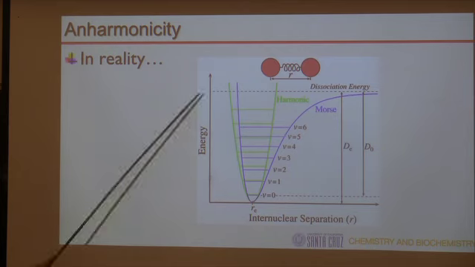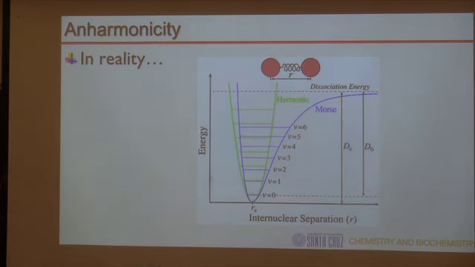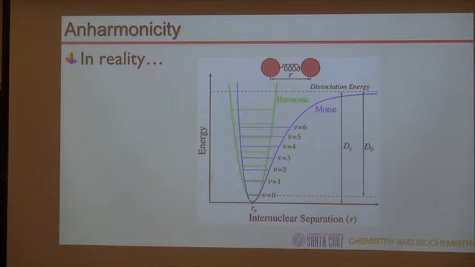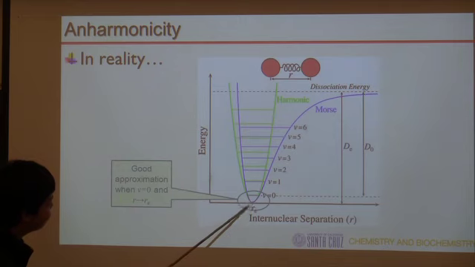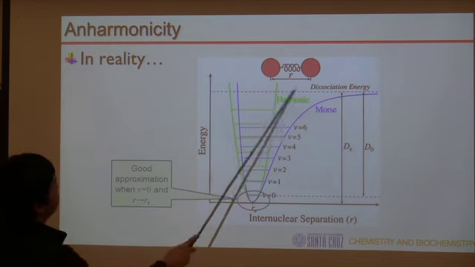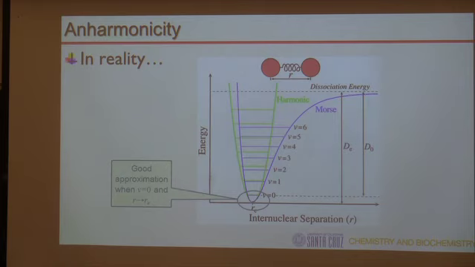But in reality, most diatomic molecules behave as the blue curve describes, which does not perfectly match the harmonic oscillator behavior. But within this very small region, the blue curve somewhat overlaps with the green curve. This part deviated a lot, this part deviated a lot, only this tip here is quite close.